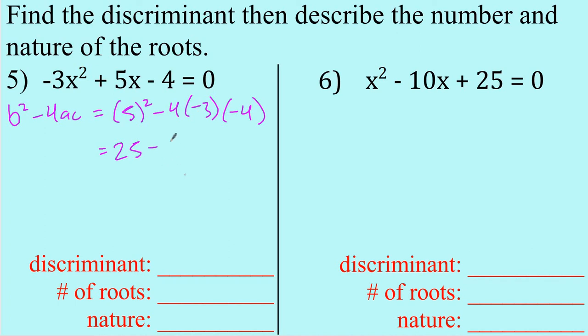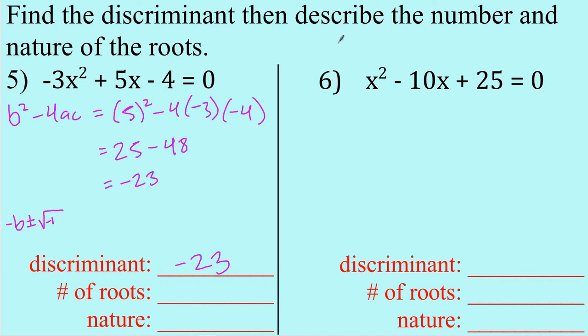Okay, 48. All right, minus, we get negative 23. So the discriminant is negative 23, just that number. Now, think about your roots.